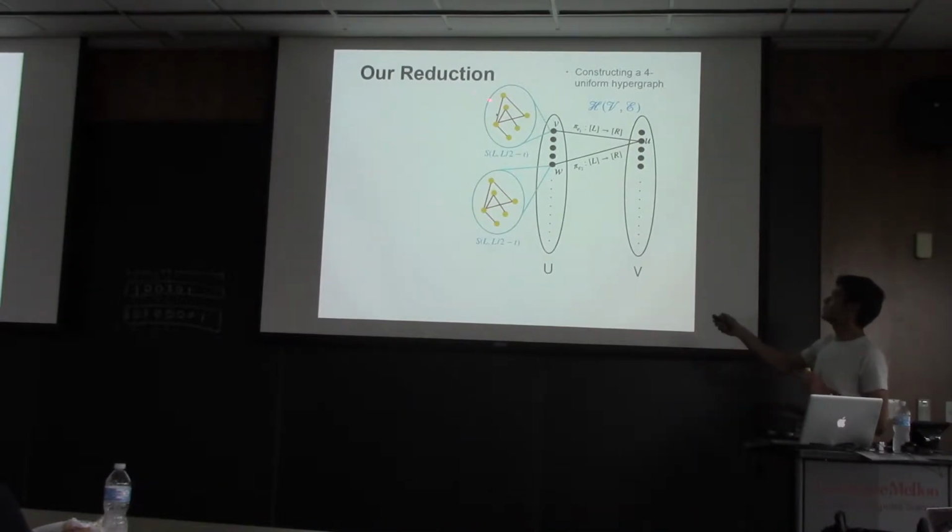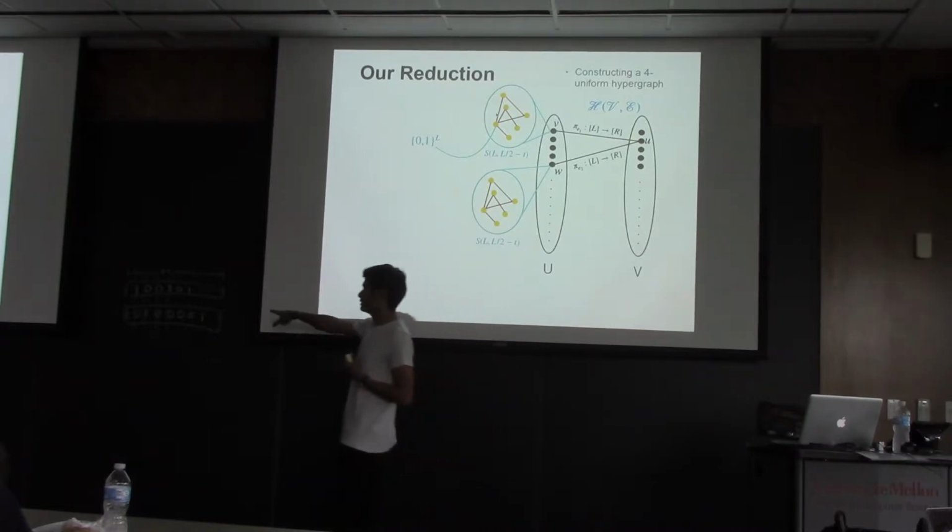The point is that the number of vertices here should be much smaller than 2 to the L, and we will set these parameters accordingly. So we are replacing each vertex by a copy of the Schreier graph. You can think of each node here as just a string of length L, but of course it should satisfy this property: there are no consecutive ones.